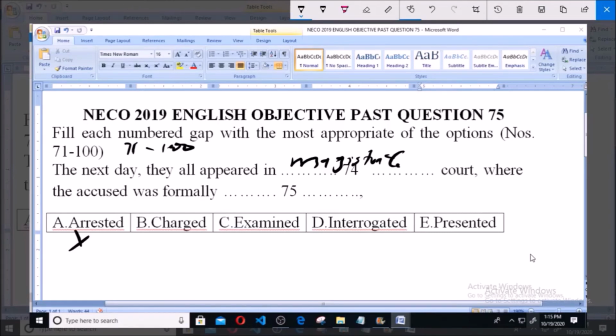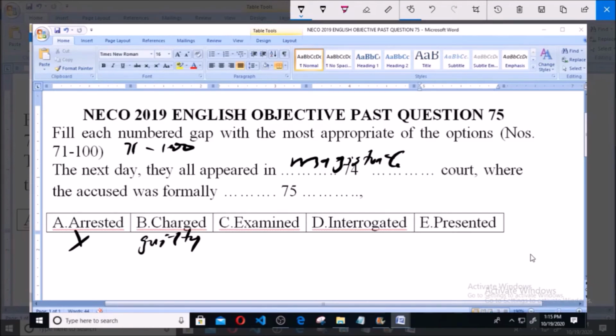It is assumed that he has been arrested before now, so we can't talk about arrested here. Then charged: before an accused fellow could be charged, it means that he or she is guilty of the offense laid against him or her.